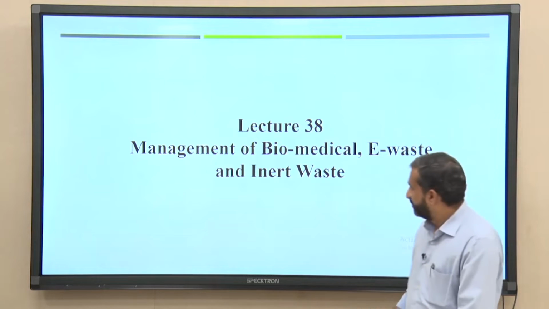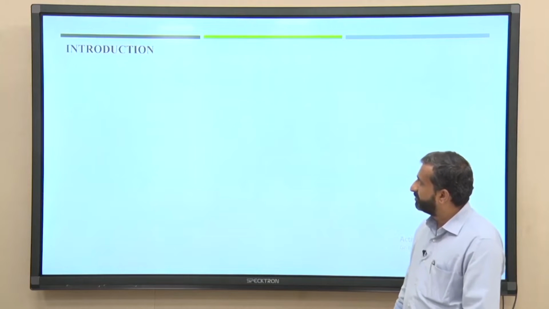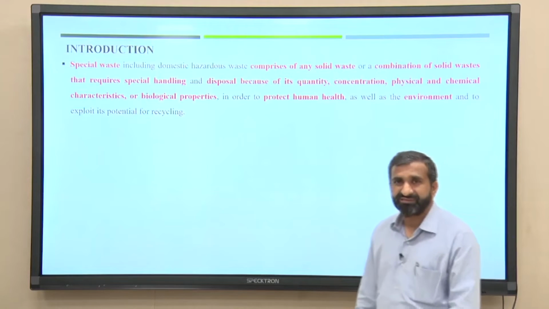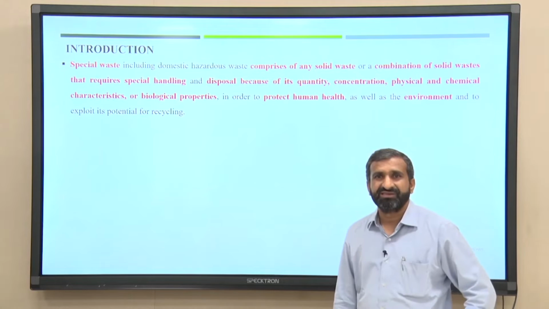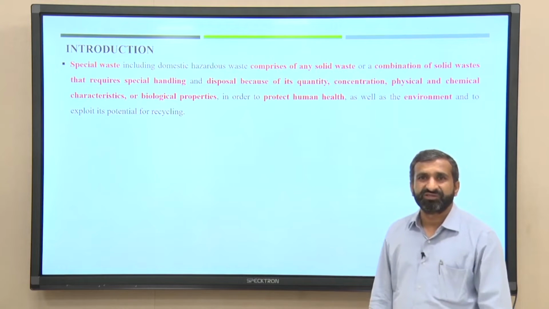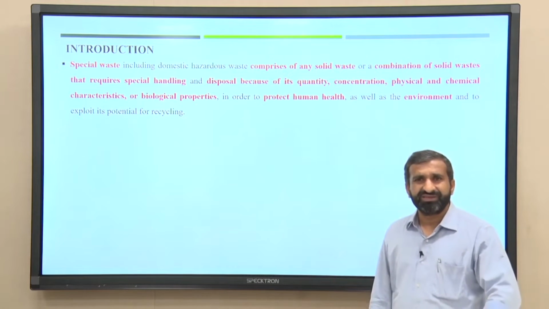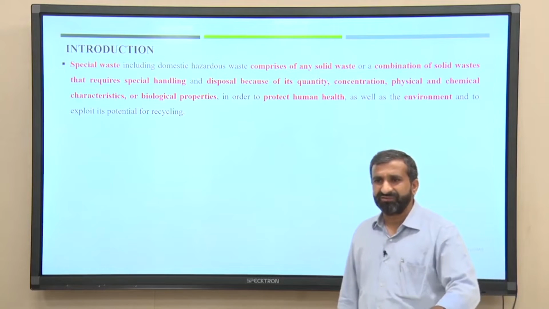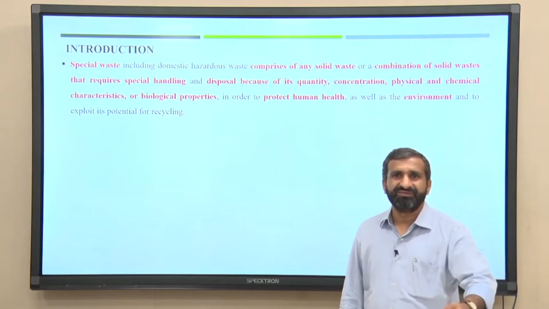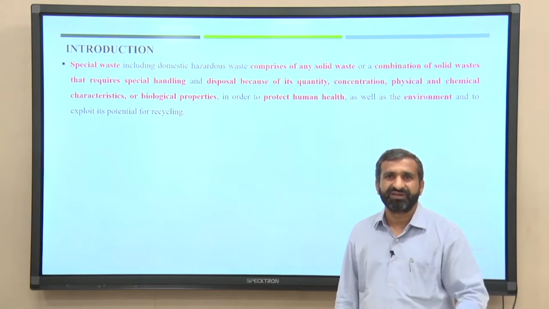Okay. So first we will talk about special waste, which, in the last lecture, I talked about construction and demolition waste. Normally when you talk about special waste, this C&D waste is not considered special waste.